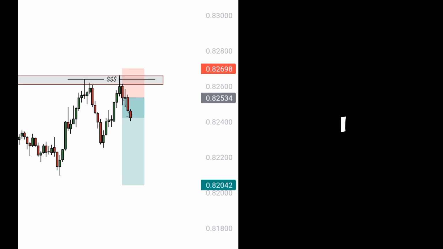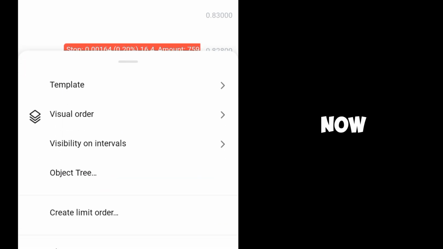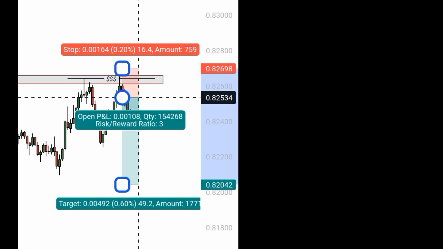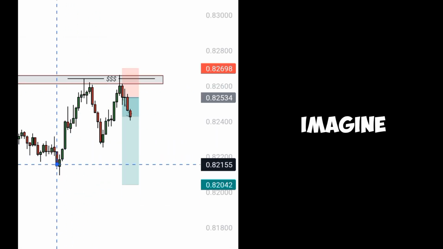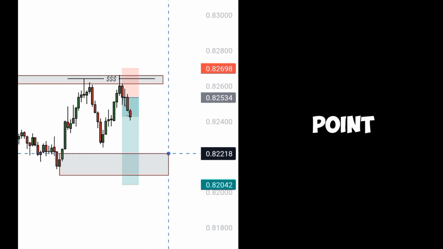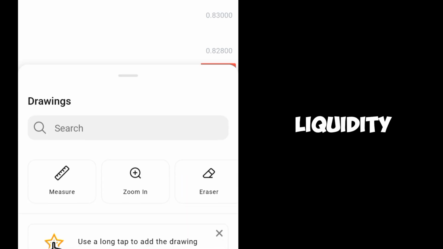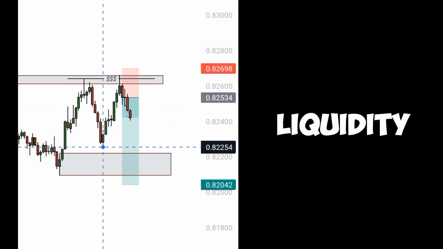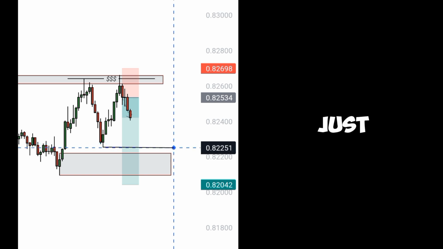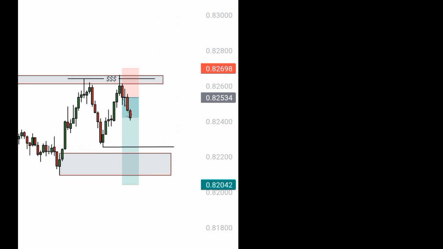Okay, now let's imagine I have to buy here. Let's just imagine that the market comes to this point, takes out liquidity here. Remember, the market is all about taking out liquidity and coming to areas of liquidity, tapping areas of interest, which is fair value gaps or order blocks, and then moving in that direction.